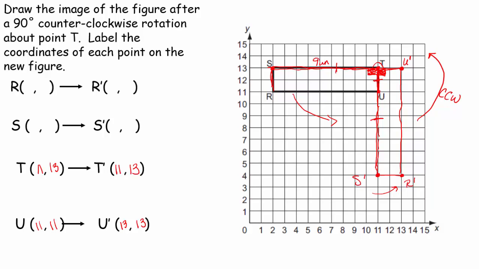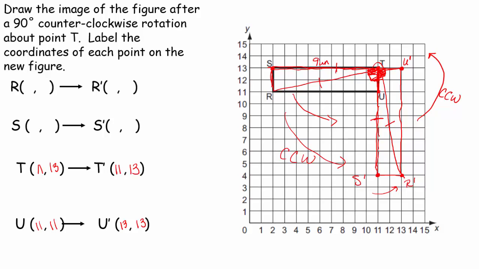Well, if I make a diagonal from R to T and then make that same diagonal from T to R prime, first of all, they are the same distance. Second of all, they are creating a beautiful right angle up here in the corner. So I know that I'm moving to the right, which is counterclockwise, and I am also moving 90 degrees because I created a 90-degree angle.